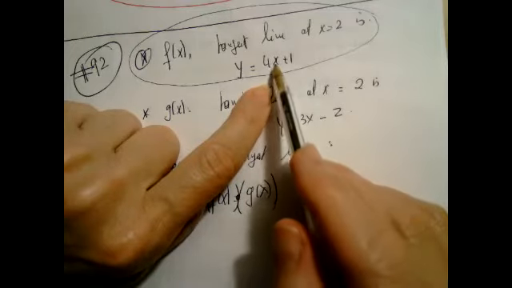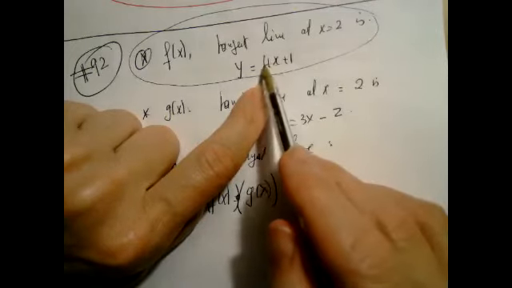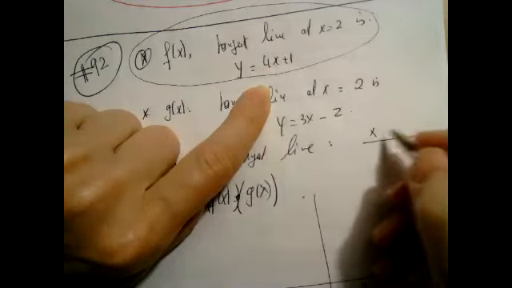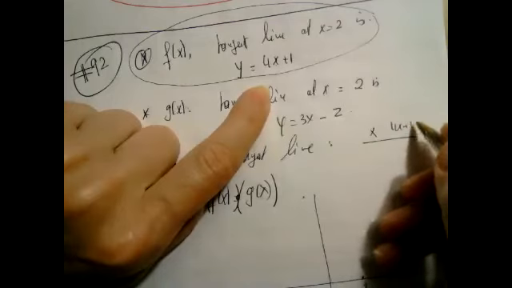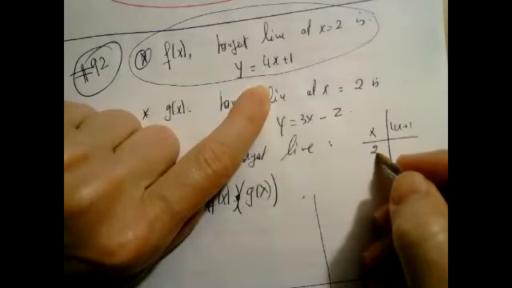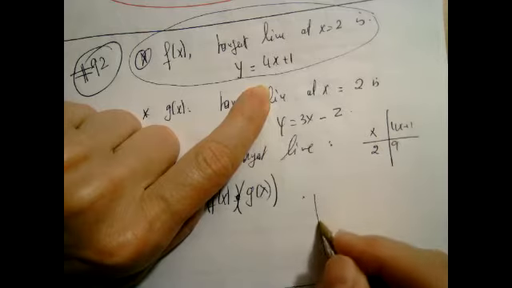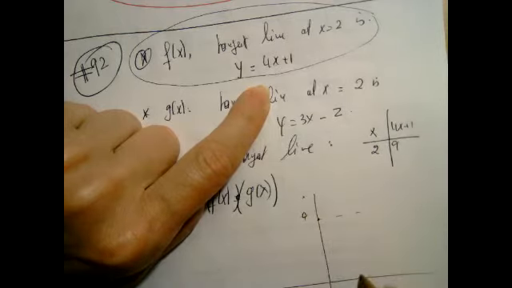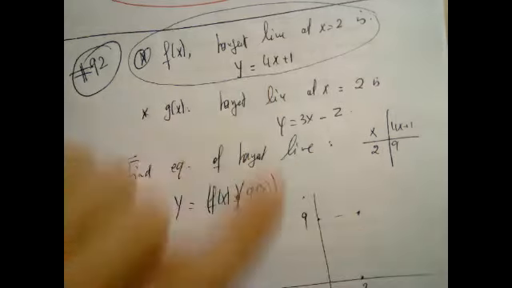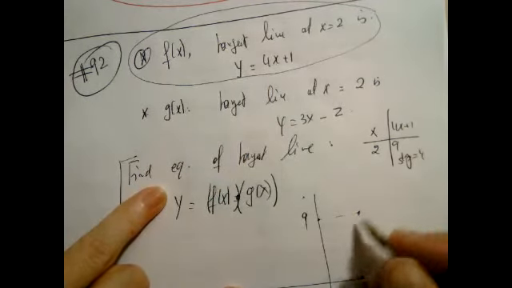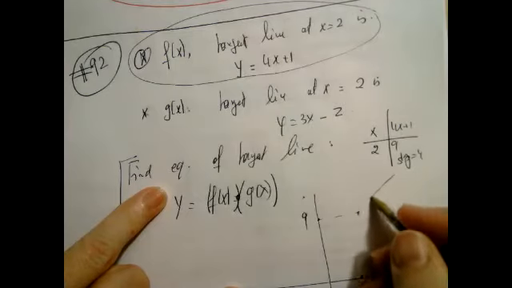It means if x equal to 2, y is 4 times 2 plus 1. So here this is x, and this is 4x plus 1. If x equal to 2, y is 9. So this is my 9, and the slope of this line is 4.